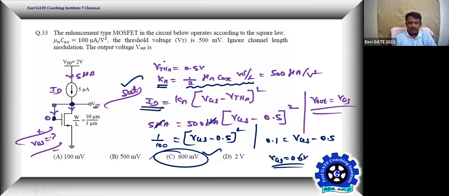Threshold is given, and the only play is that Kn is not directly given, but indirectly given through mu, Cox and the W by L ratio of the device. With that, one can quickly calculate Kn. Then we can help ourselves by not expanding (VGS minus 0.5) the whole square, which would complicate things, so you can complete the problem instantly. Fine.